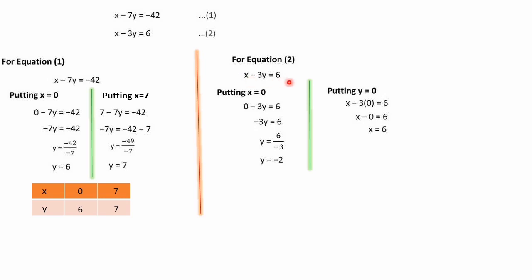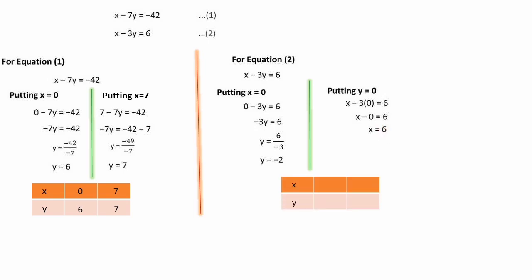So you have to see the equation according to convenience, meaning whichever is easy for us, that way we can go. Here, instead of substituting for x, if you eliminate y directly, we will get x. So that's why we are putting y is equal to 0. If you feel difficulty, you can also substitute x and find the corresponding value of y. So anyway we can go. Y is equal to 0 means we will get x is equal to 6.